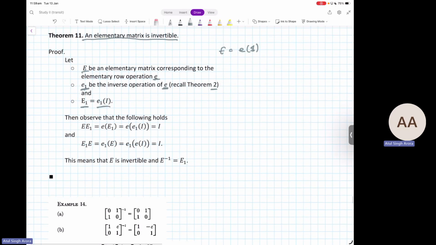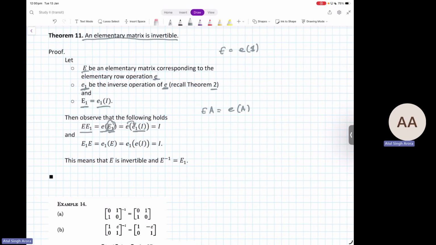Then we're going to observe that the following holds. Capital E times capital E1 is the same as little e acting on capital E1, right? Because we proved that capital E times A is the same as little e acting on A. This was one of the statements here. Then we can apply the definition of E1 and substitute that.